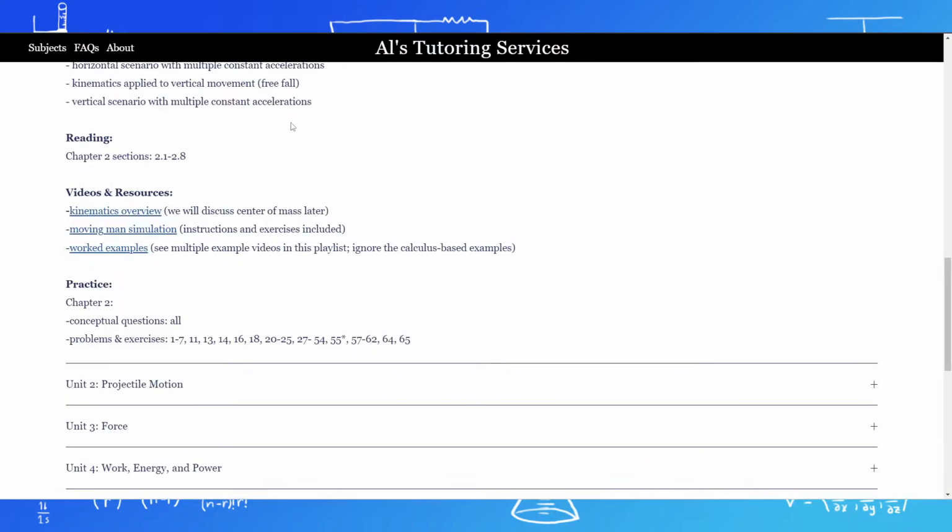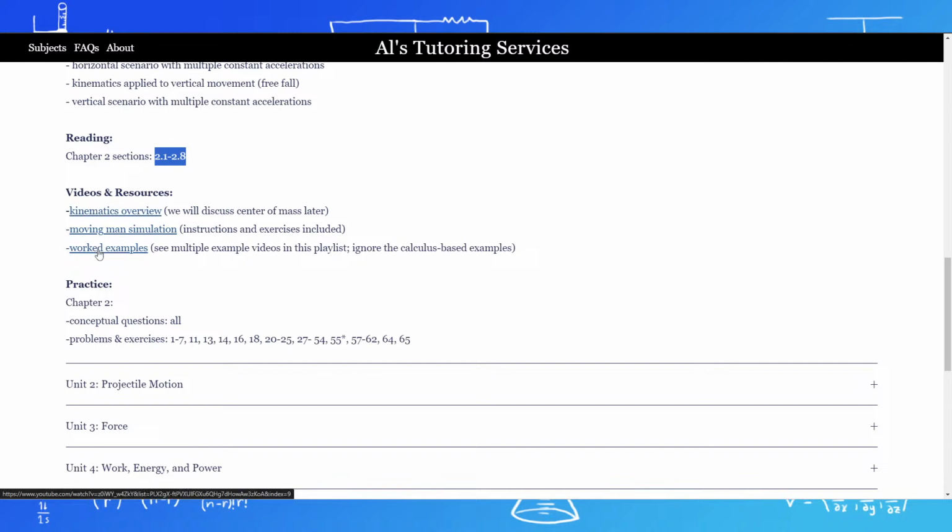And apart from that, looking at worked examples, we can hold off on that because I still need to show you guys equations and formulas, unless of course you look at the kinematics overview and read the chapter sections and feel like you're ready to go ahead and do problems.